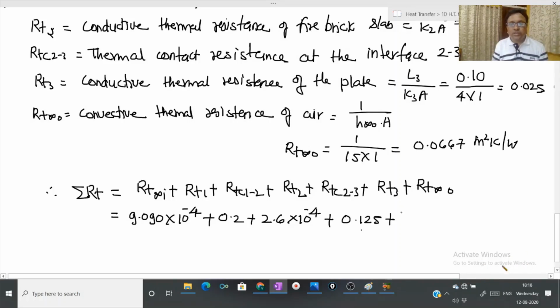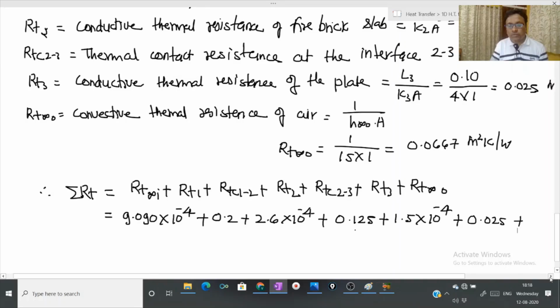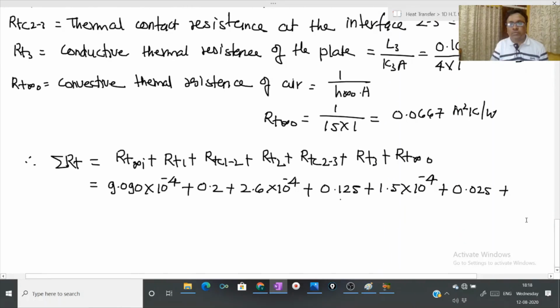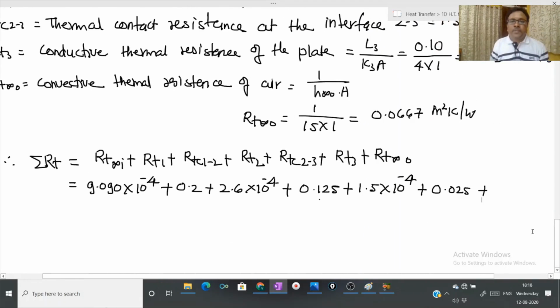RTC23 is 1.5 into 10 to power minus 4. RT3 is 0.025 and plus RT infinity O is 0.0667.